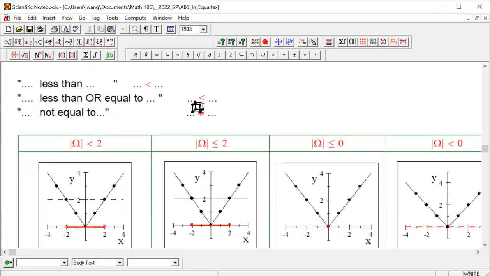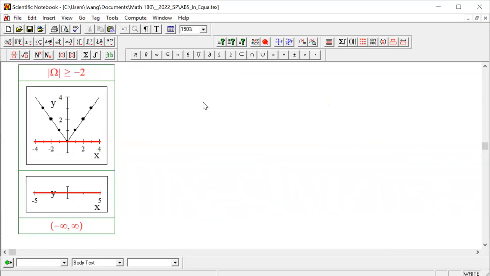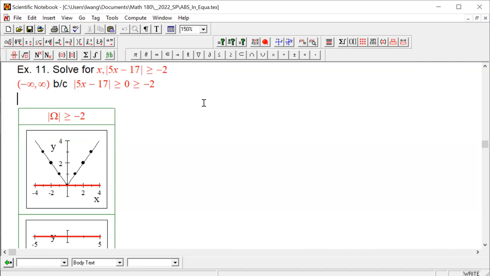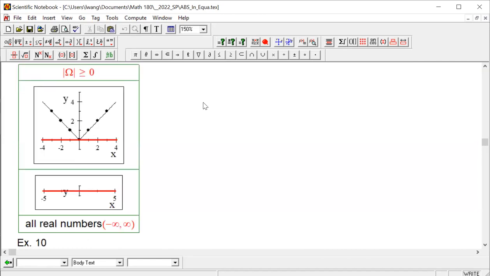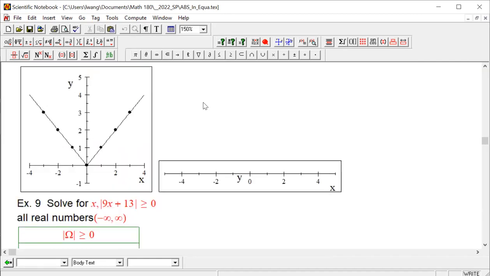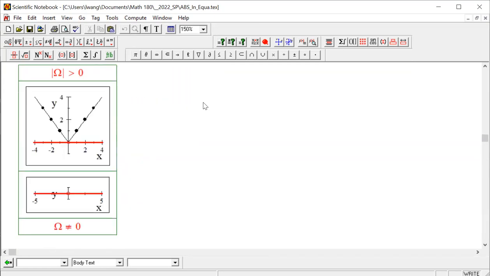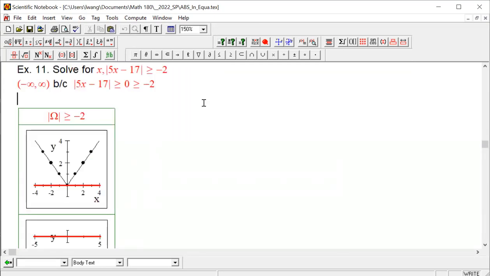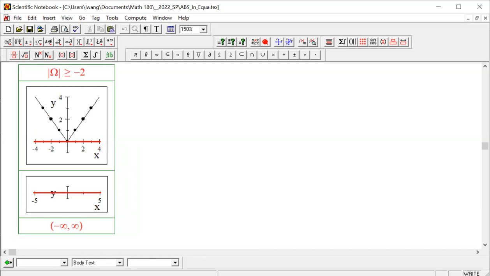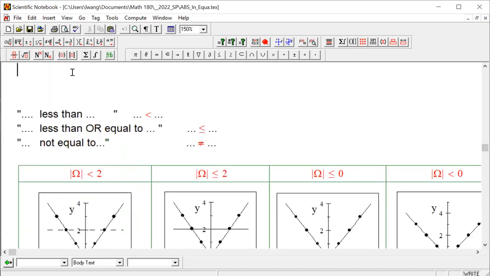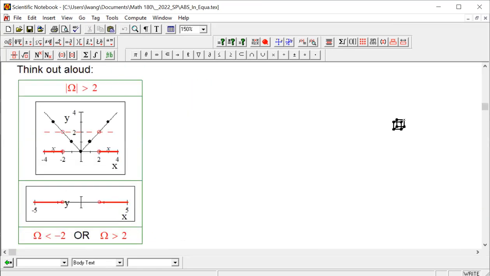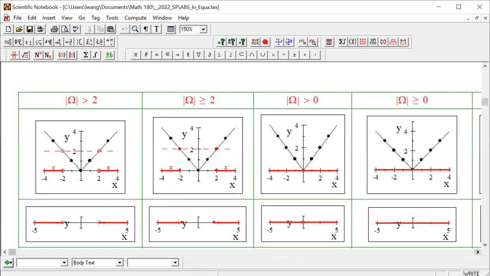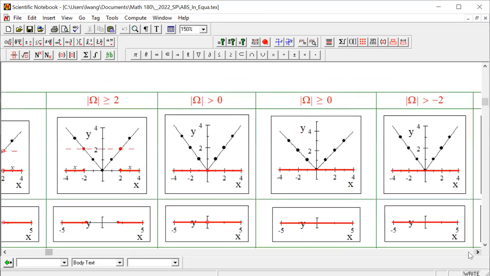And last but not least, we have larger than -2, didn't we? Would that be number 12? Okay, we can make it. So this 12 is addressing the case larger than -2.